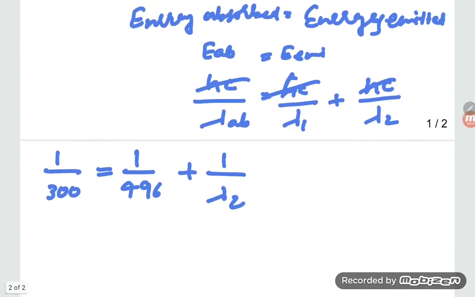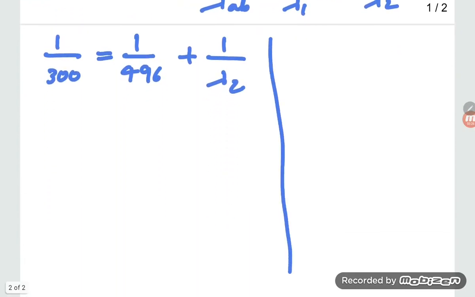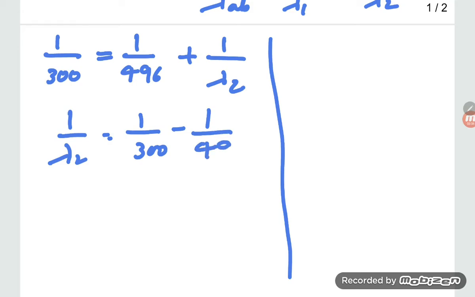So how do we calculate lambda 2? 1 by lambda 2 is equal to 1 by 300 minus 1 by 496.